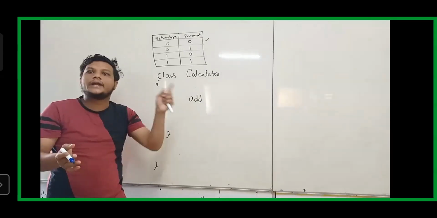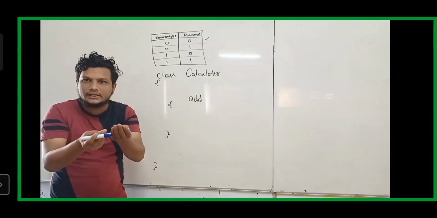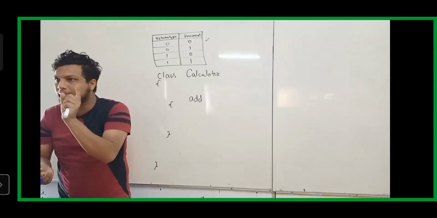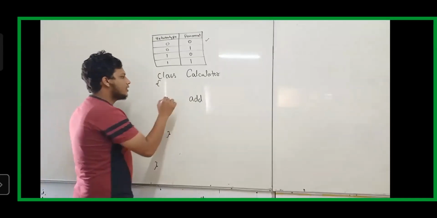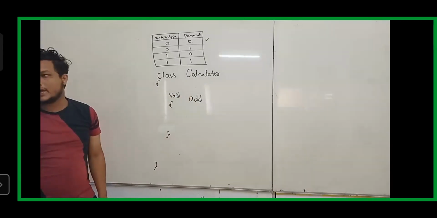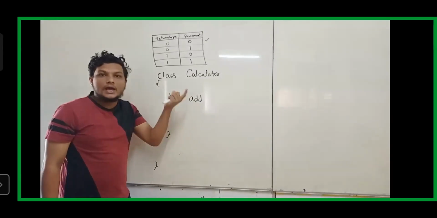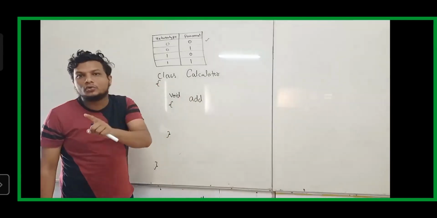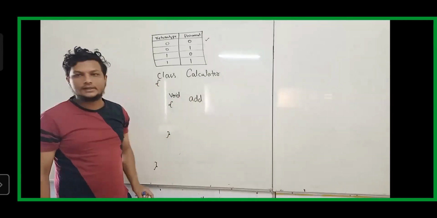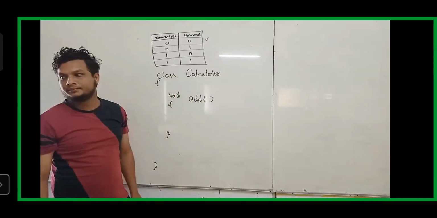No, right? void sleep, void eat, void study. Are we returning anything? No. So the return type of the method is void. Void means you are returning nothing here. And I have told you that whenever you create a method, it should always have open and close braces. So I'll open the braces and close the braces here. Any doubt till here?